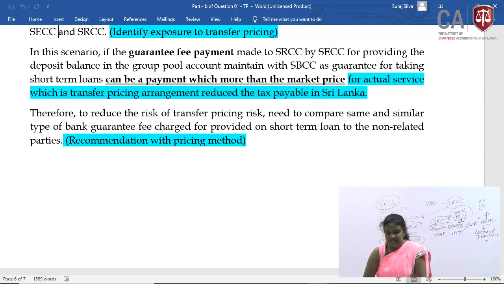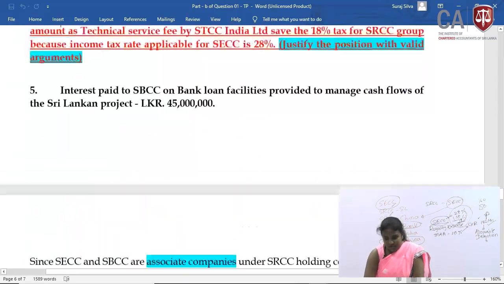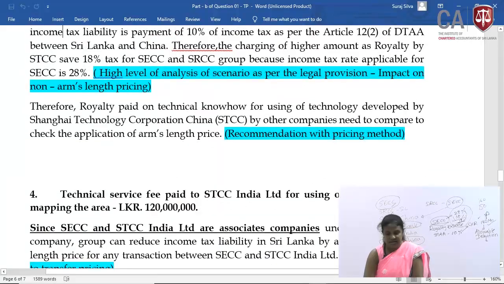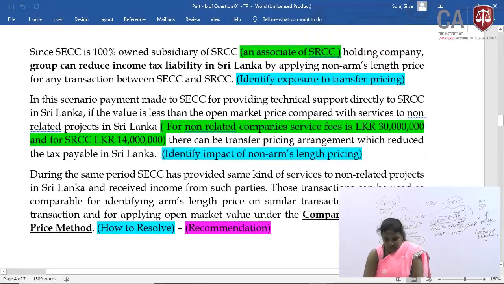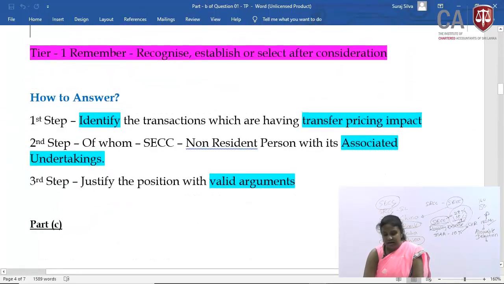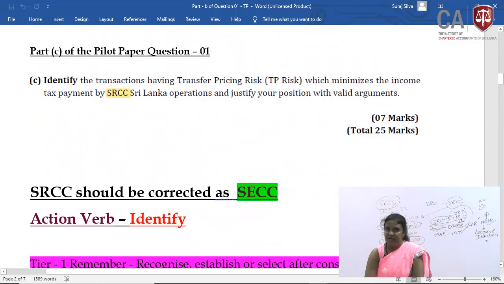Then this is the recommendation with the pricing method. Now this is the entire question part C for the 7 marks. We have analyzed the transaction, we have understood the exposure to transfer pricing, and we have applied it to the given scenario with the recommendation.